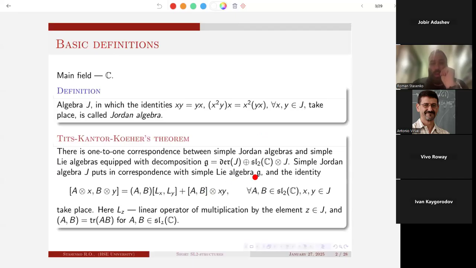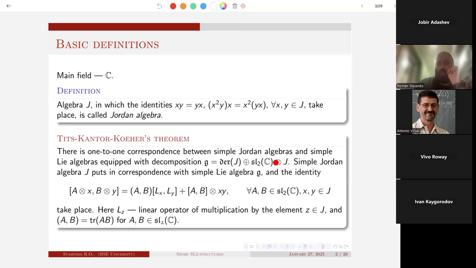If we look at this decomposition, we can interpret it as the isotypic decomposition of the vector space g, where the first summand is the space of SL2-invariant vectors, and the second is the irreducible representation of dimension 3 tensored with a multiplicity space.